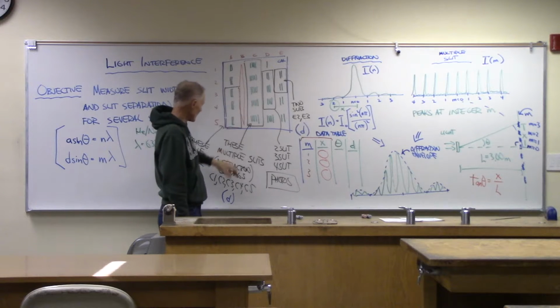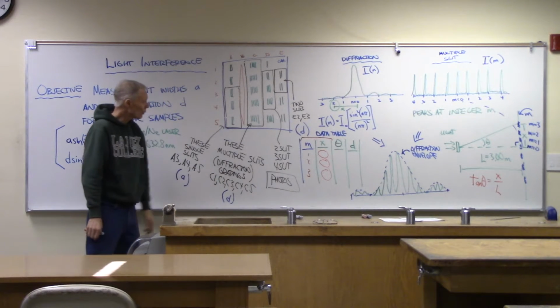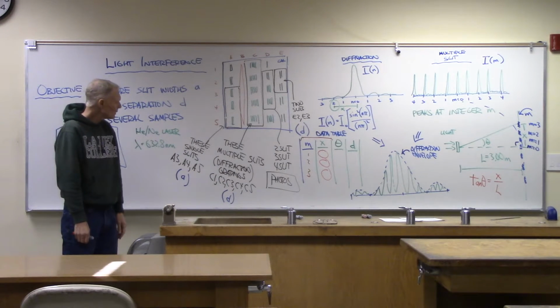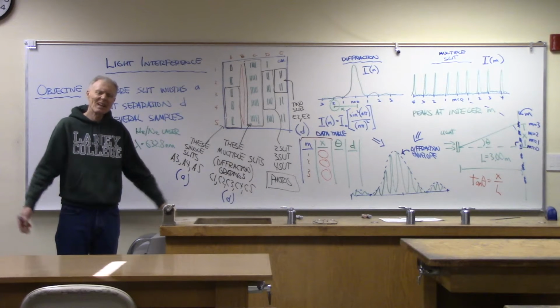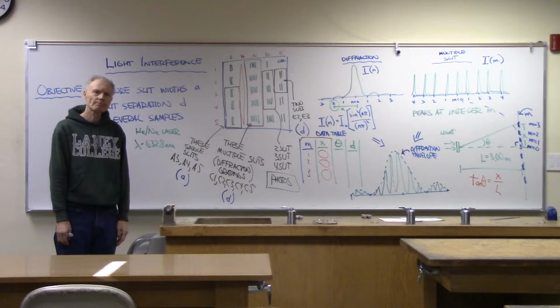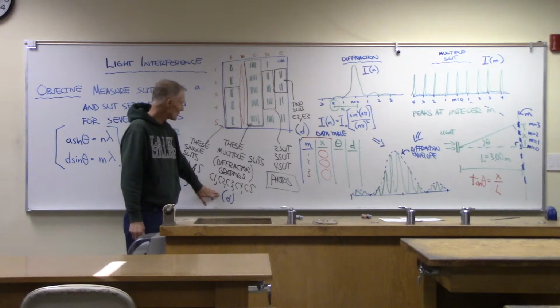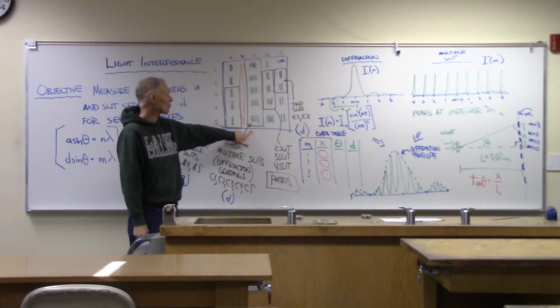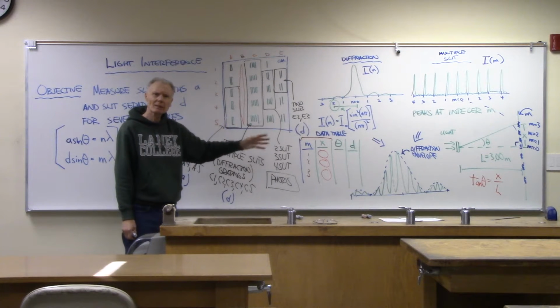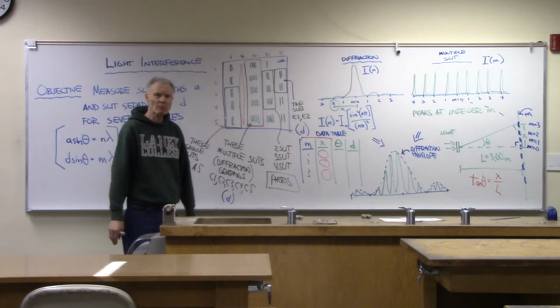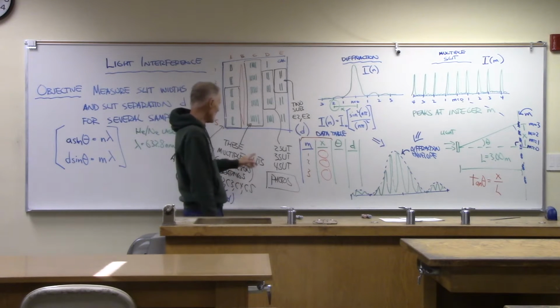Coming down the center here, I'm going to measure d on all of those. Now, we could go in and try to measure a, but we're not going to worry about it. If we get the d measurements, that's good enough. We could go after the slit widths by looking at the diffraction envelope, but we'll save that for the midterm or something like that. So let's see.